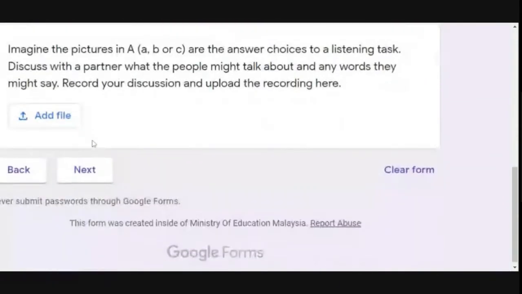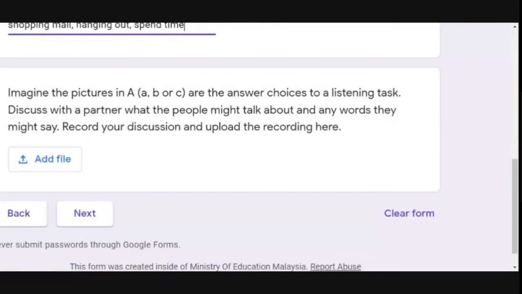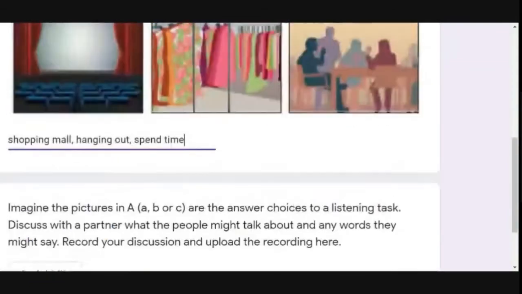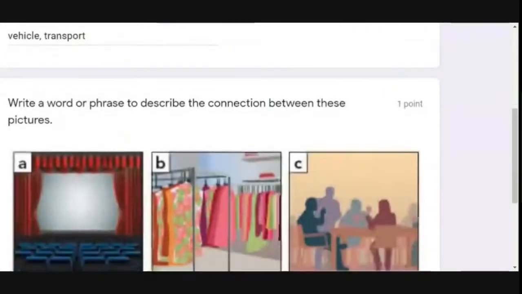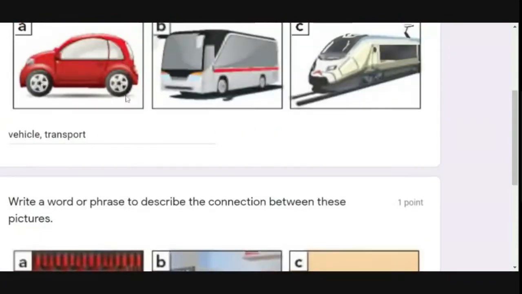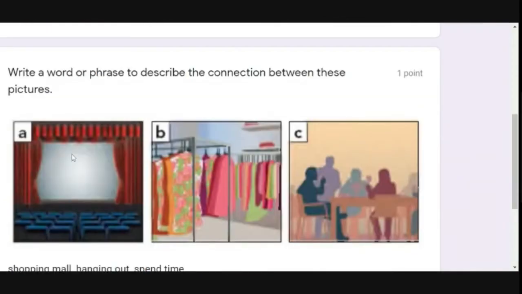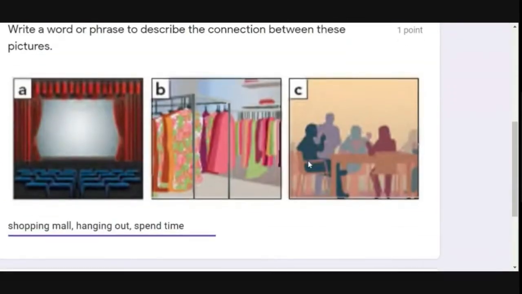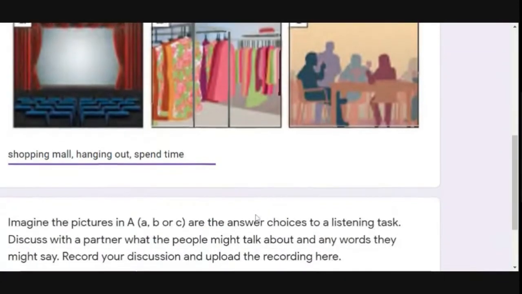Okay, so the next activity, imagine the pictures in A, okay, that means these two sets of pictures are the answer choices to a listening task. Okay, that means one ABC and two ABC are both the answers for the listening task that we're going to listen to later on.